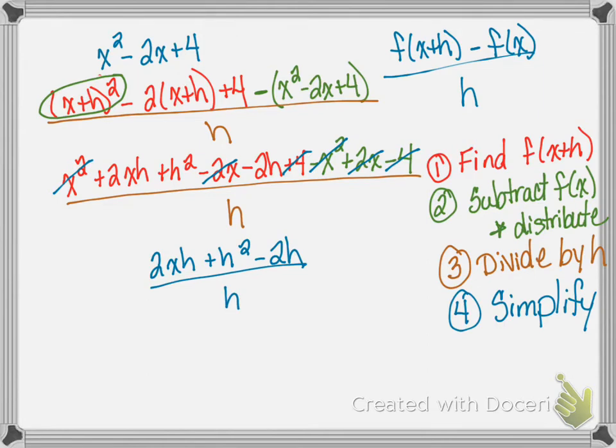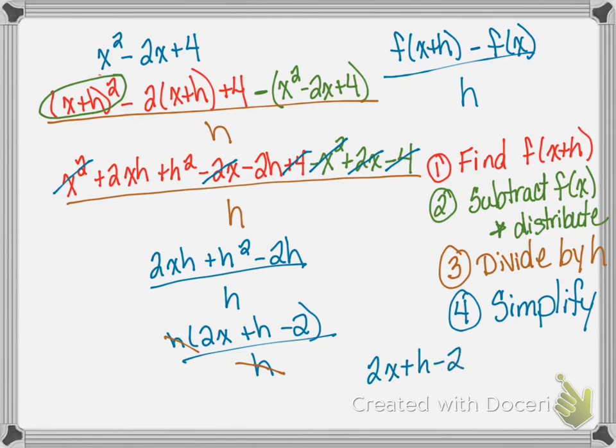So now I'm going to take an h out. So I have 2x plus h minus 2. And my h cancels. So my final answer for the difference quotient is 2x plus h minus 2. So that is a difference quotient right there.